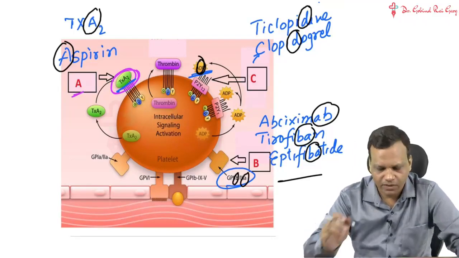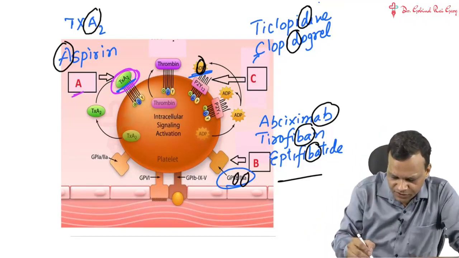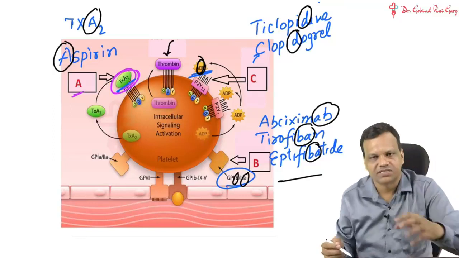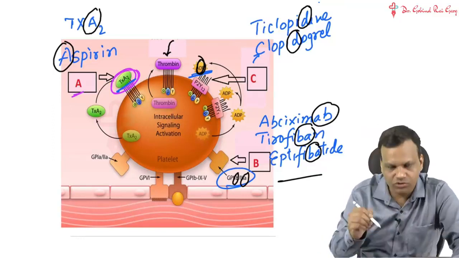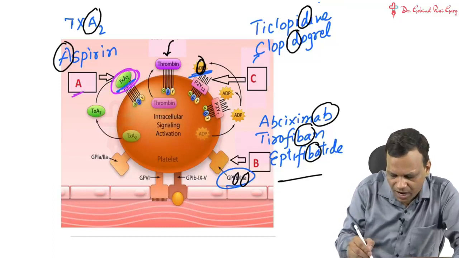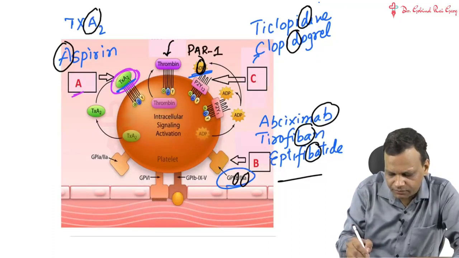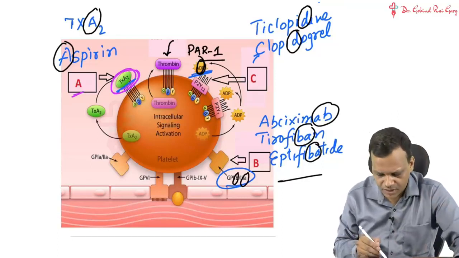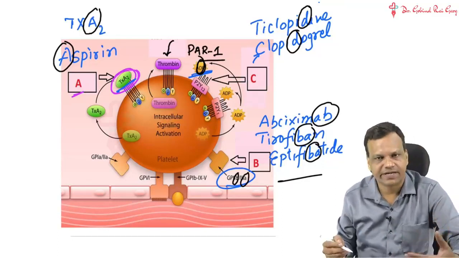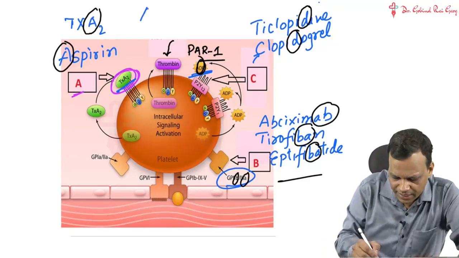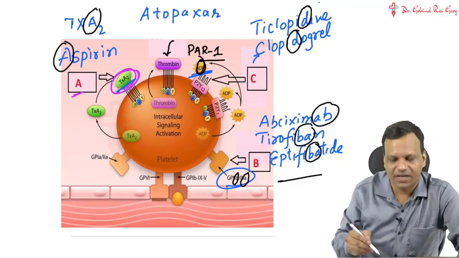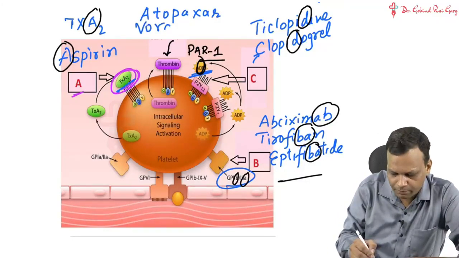Okay? Then we have one new group of drugs also which act on thrombin receptors. The thrombin receptor present on the platelet is called PAR1, protease activated receptor 1. If we inhibit this receptor, we can again use the drug as an antiplatelet drug, and the drugs are atopaxar and vorapaxar.